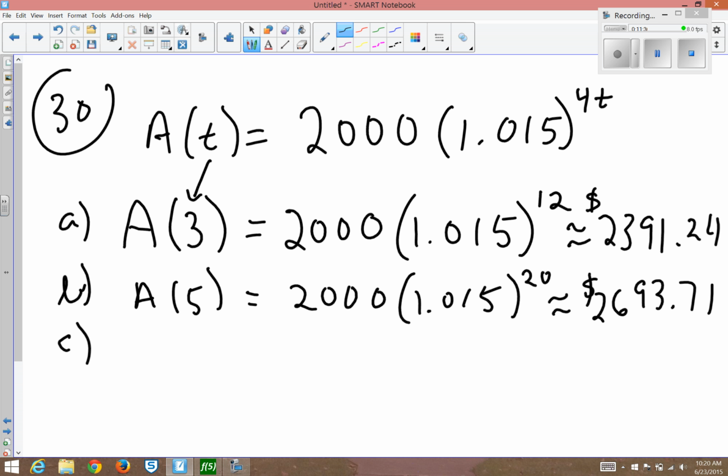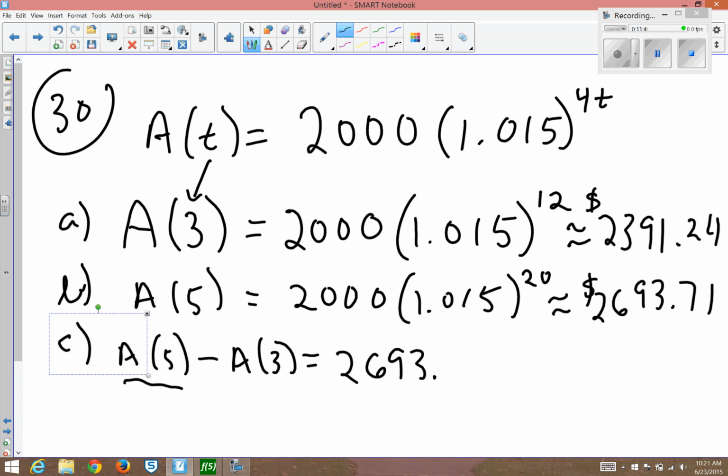Part C, A of 5 minus A of 3 means take the answer we got in part B minus the answer we got in part A. And we get $302.47.